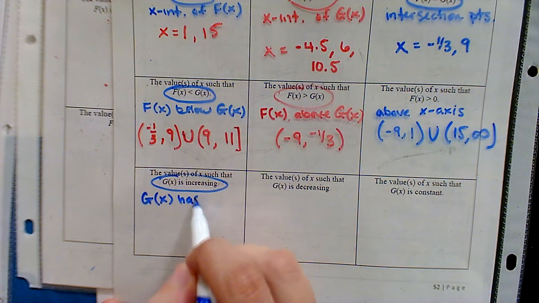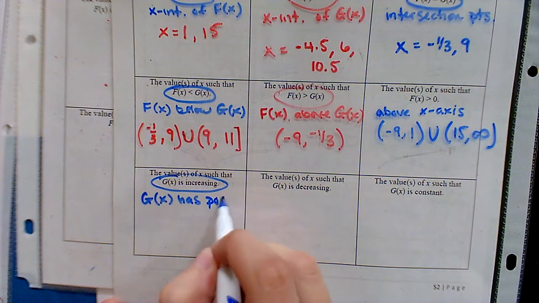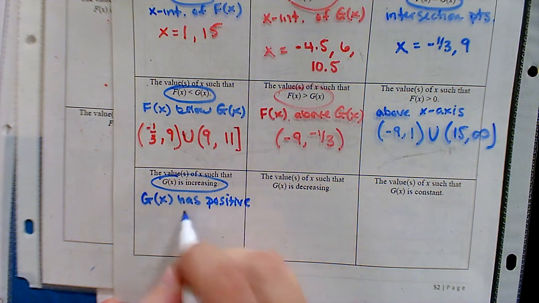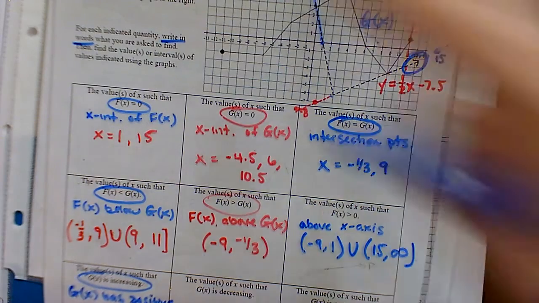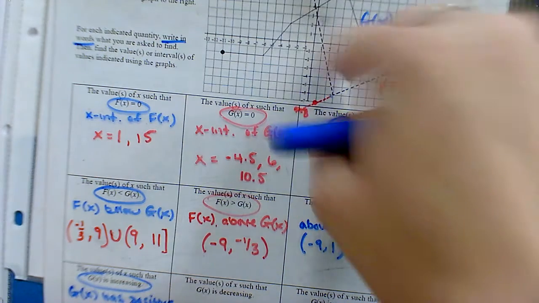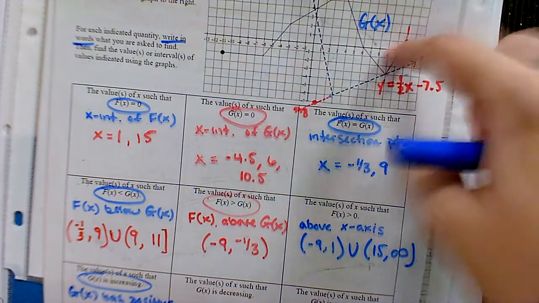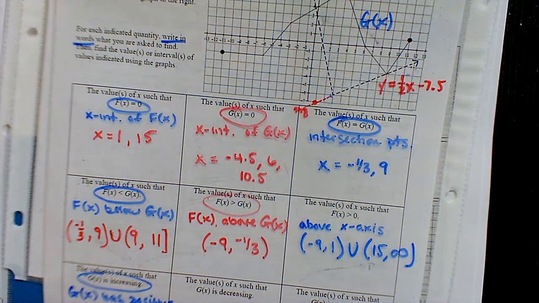G of x has a positive slope. In other words, if you trace your graph from left to right, the graph is going up. Okay, positive slope. So go ahead, maybe take a look at the solid graph, solid line. If you were to trace it left to right, where would you be going up?